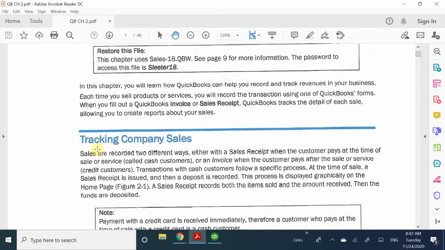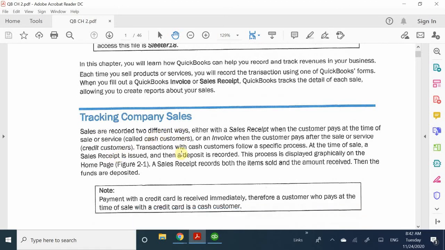So again, when we talk about sales, it is pretty straightforward, right? Because the majority of business activities have some kind of relationship to selling a product or selling a service, all right?